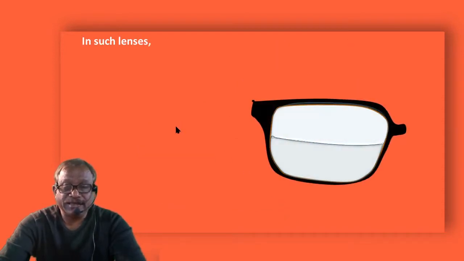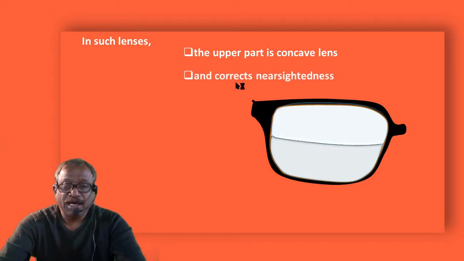In such lenses, how are the two lenses adjusted? The upper part is a concave lens and corrects the nearsightedness. So from this, distant vision is facilitated.